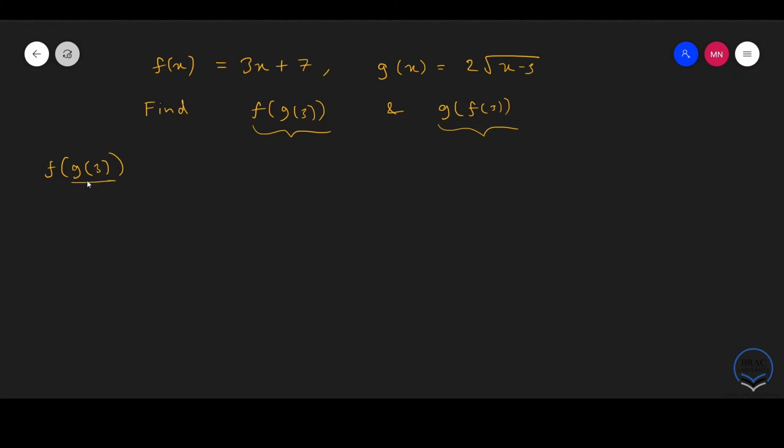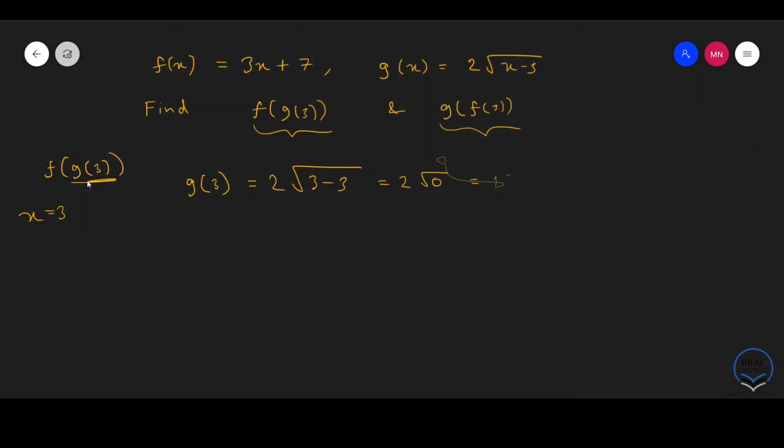Now, what is this? This is just our output of the function g when x is equal to 3, right? So the very first thing we can do is find g of 3. So we have 2 times square root of 3 minus 3. This gives us 2 times square root of 0, which is just 0. So g of 3 is just equal to 0, right? And now we can substitute the value of g of 3 into our function f, right?